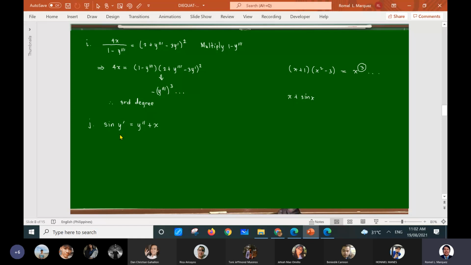If I'm going to remove the sine here, meaning express y prime in terms of this other thing, solving for y prime, I will get something like this: y prime as inverse sine of y double prime plus x.